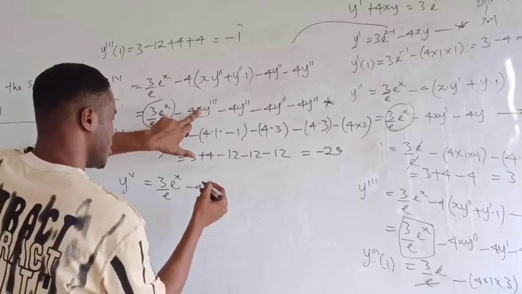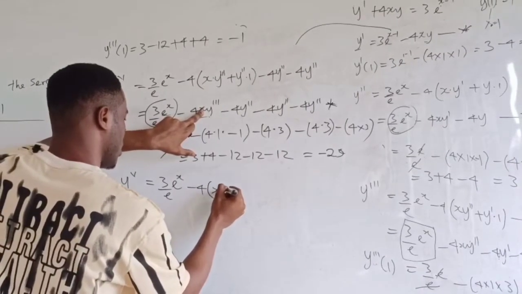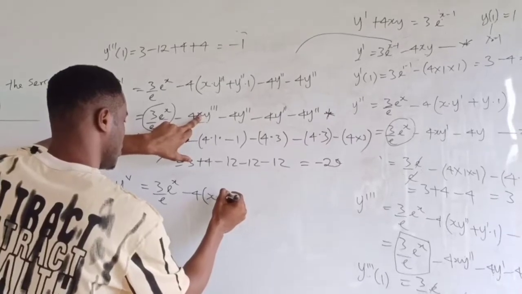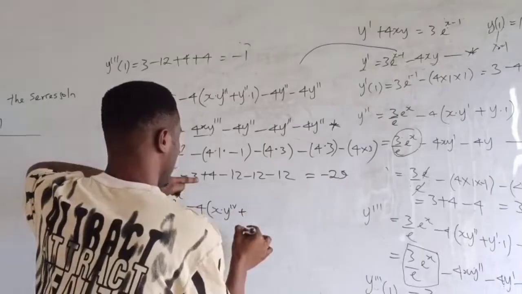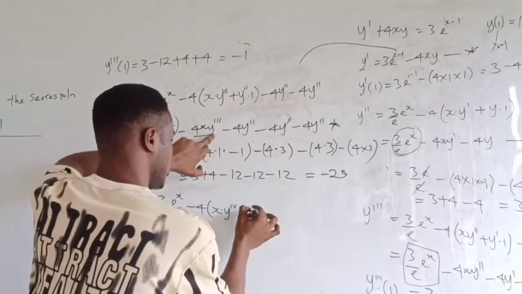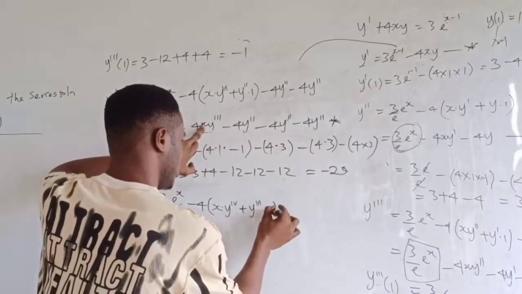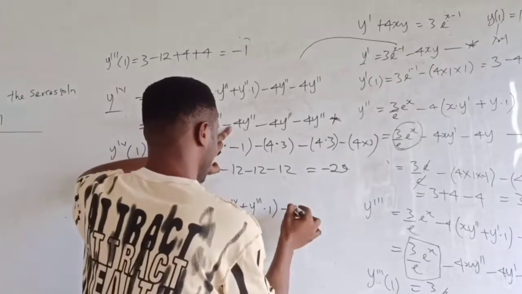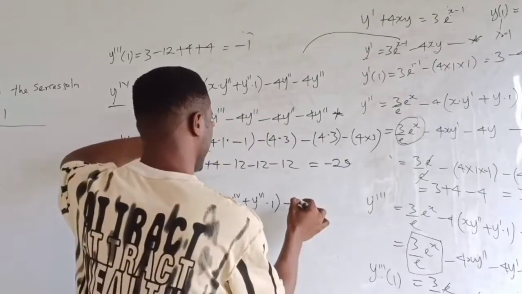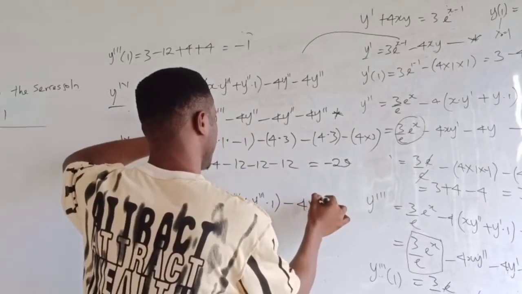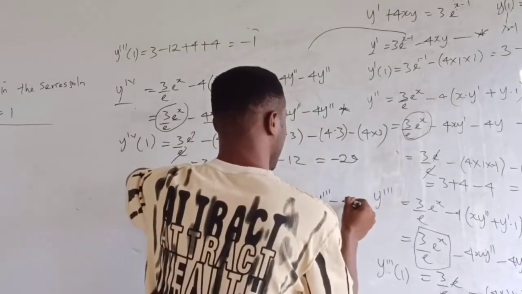So if I hold x and I differentiate y, I'm going to have y to the fourth power, plus, if I hold y to the third differential and differentiate x, I'm going to have 1 minus, if you differentiate y to the second differential, I'm going to have y to the third differential, and of course these ones as well.